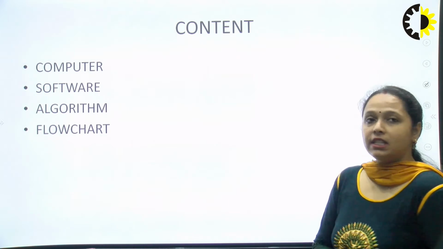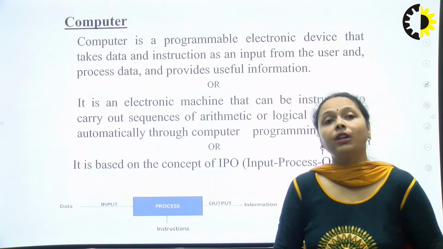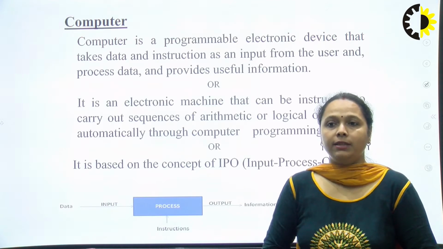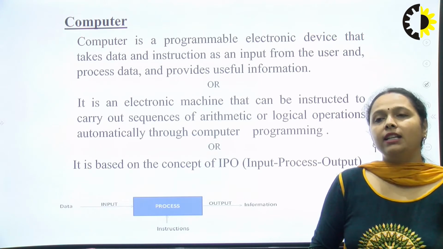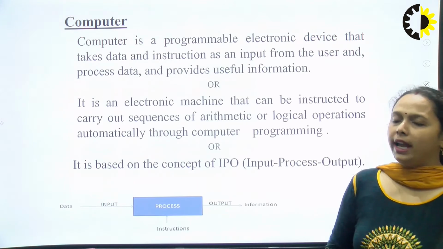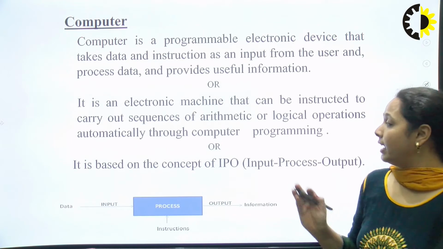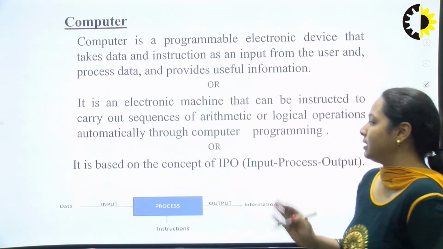So first of all, we will start with the computer. As we all know, computer is a programmable device. We only say that computer is an electronic device, but actually it is based on the concept of IPO, that is input-output processing. Any device which accepts input from the user and generates an output after processing the input values is known as computer.